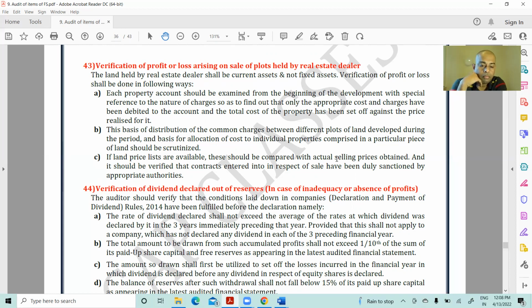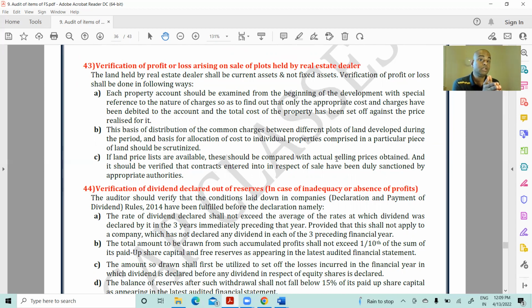A. Each property account should be examined from the beginning of the development with special reference to the nature of charges so as to find out that only the appropriate cost and charges have been debited to the account and the total cost of the property has been set off against the price realized for it. What is the meaning of this para? So you acquired one land for 1 crore rupees and you have incurred some expenses for its development, registration, etc. So you will add all those incidental costs and show this at 1 crore plus all these amounts, 1 crore 42 lakhs.